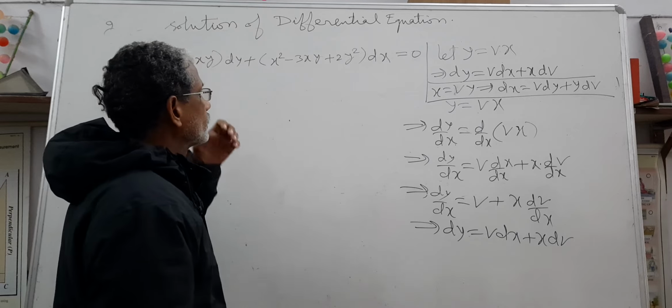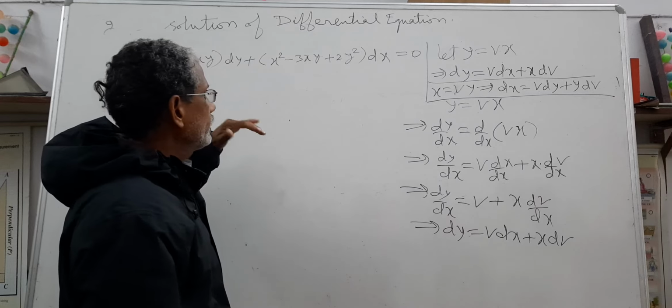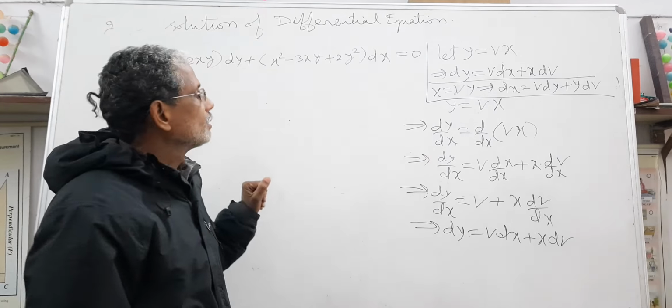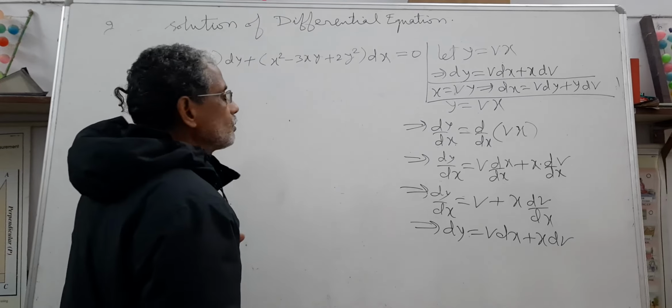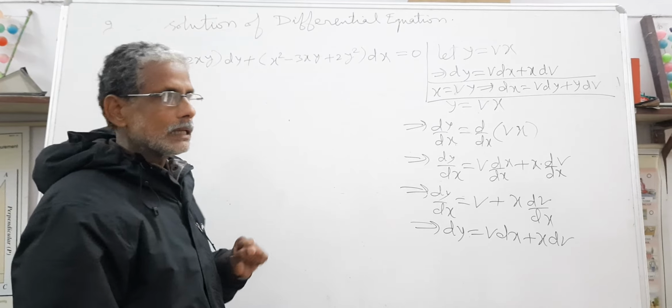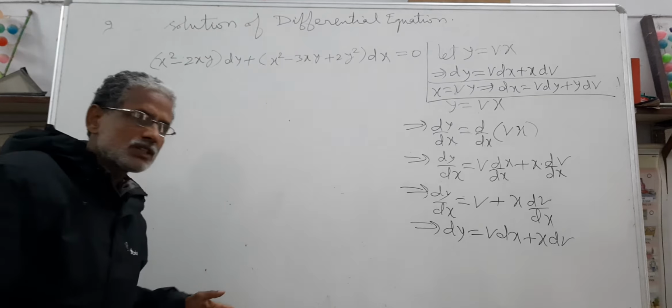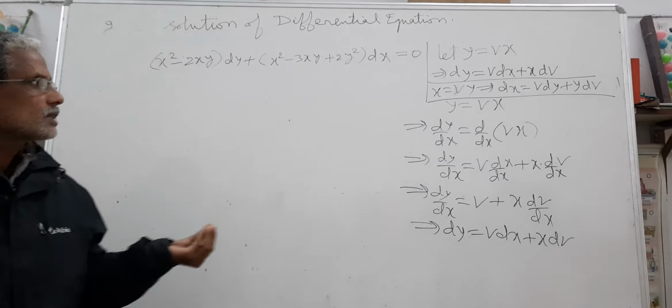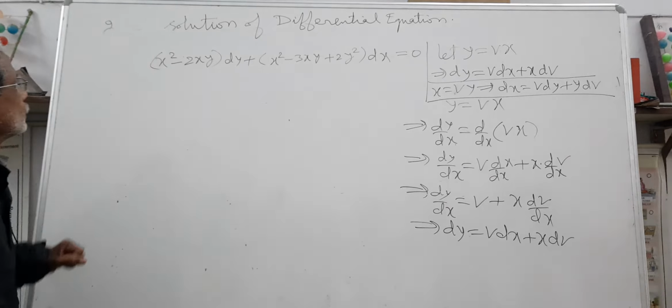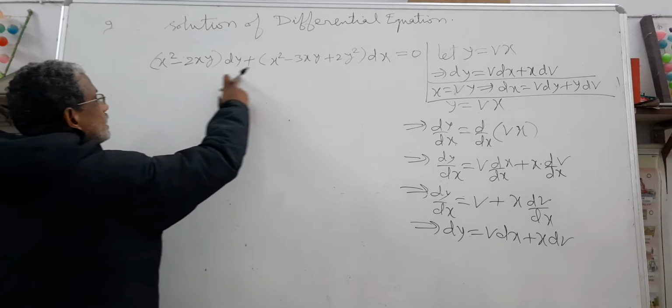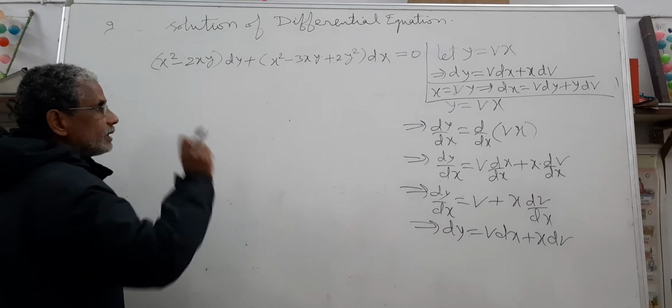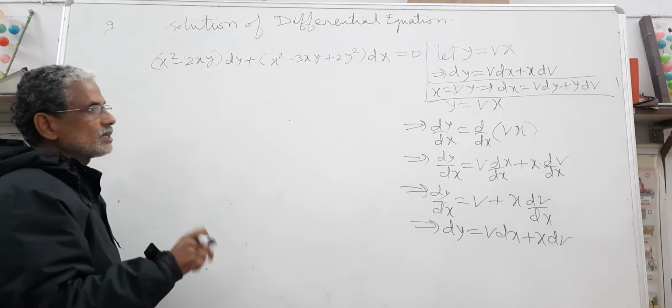So here we cannot write x is equal to Vy. We use y is equal to Vx. In the next question, we will explain when we use x is equal to Vy. So put y is equal to Vx and dy is equal to V dx plus x dv.